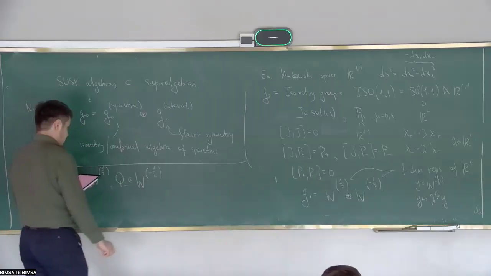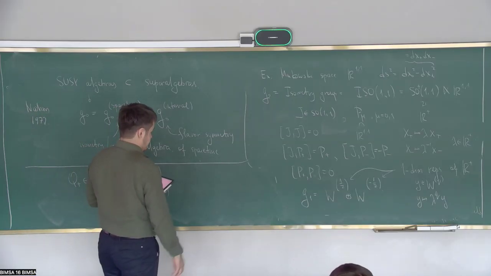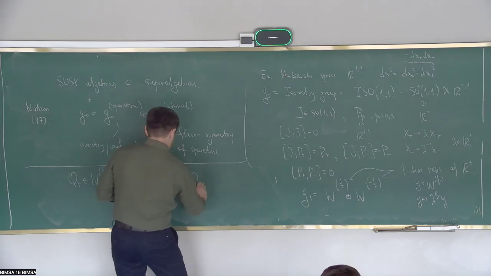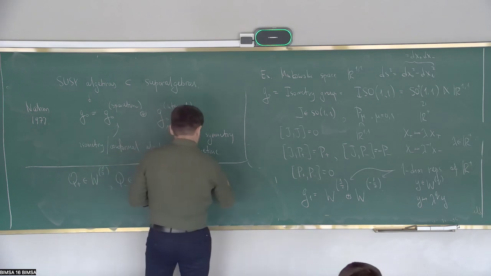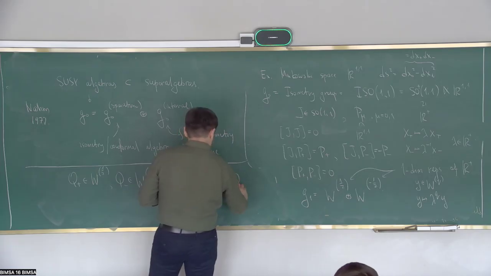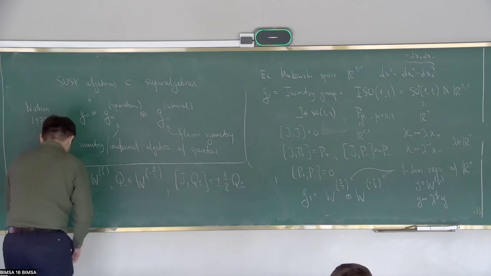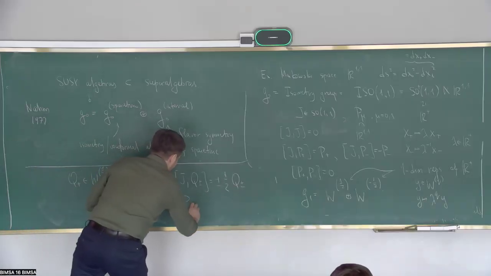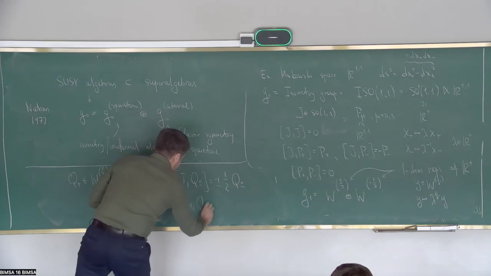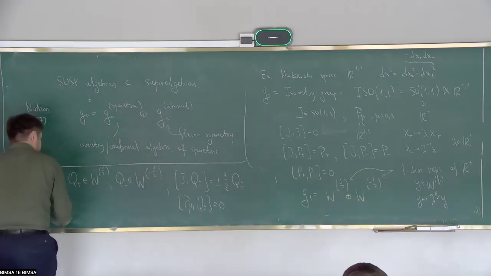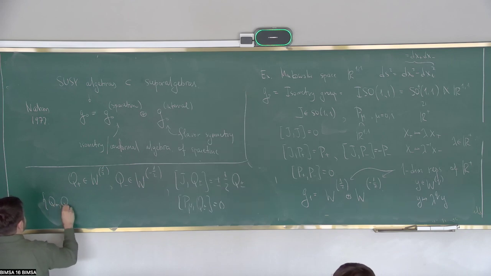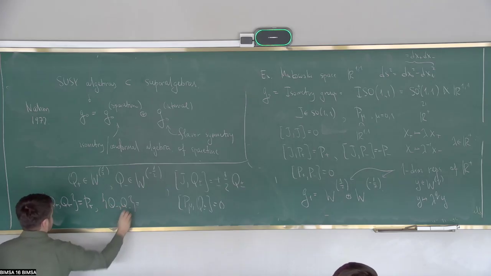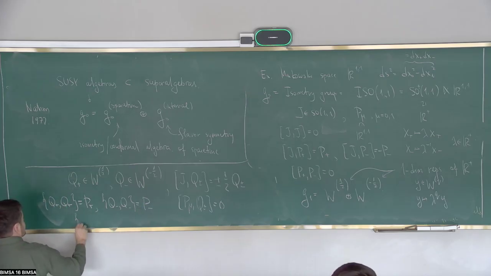The commutators are as follows. First, J with Q plus-minus gives plus-minus 1/2 Q plus-minus. Then Q commutes with P: P_mu with Q plus-minus is 0. The other commutators are Q plus with Q plus, and Q plus with Q minus is 0.